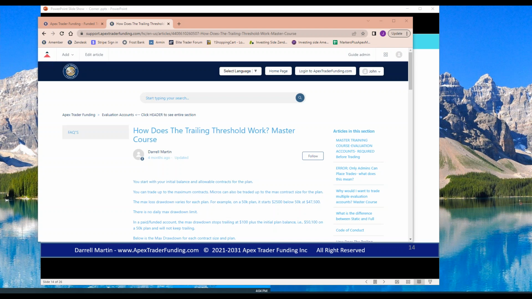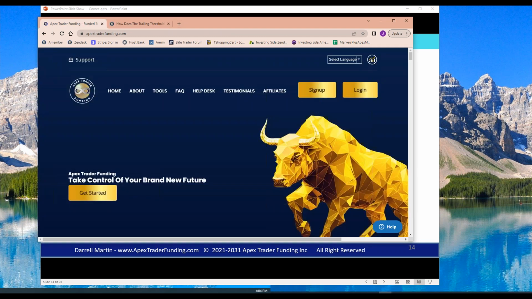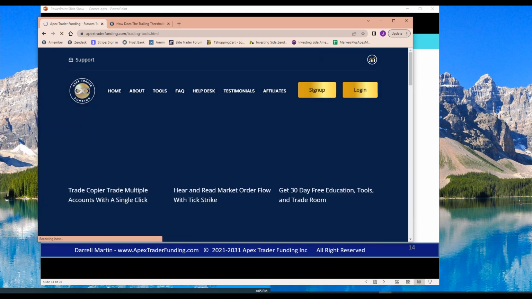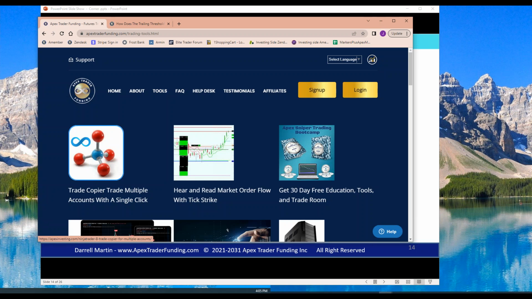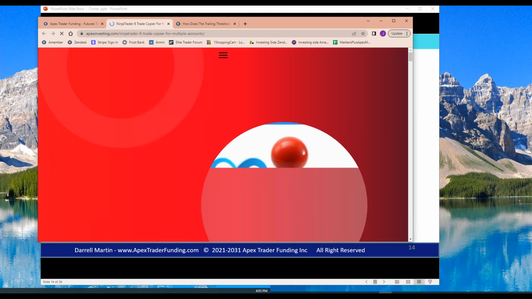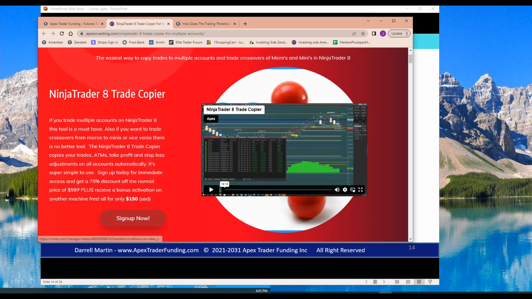Let's see here. Just looking at a couple of these quick questions here. With the multiple accounts, yes. So if you are on our website right here and you go right here to tools, you click tools, very first thing right here is trade copier. Click it, you watch a quick video, it'll show you exactly how the trade copier works. Basically, let's say you have 10 different accounts.